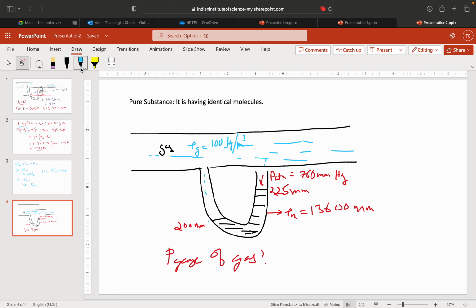Same as in the previous case, we draw a line where the pressures are the same.